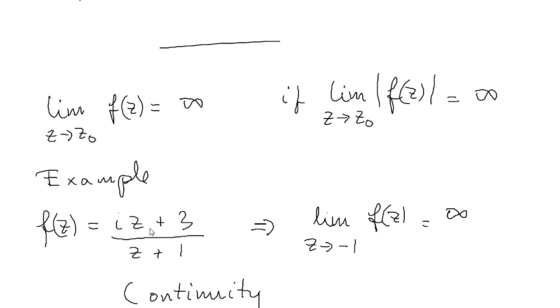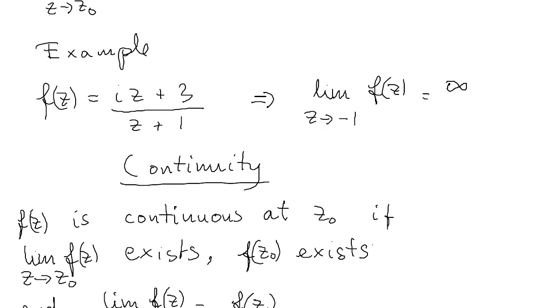We have this fraction, and we easily see that when z approaches -1, then we are approaching 0 in the denominator, and of course this limit will be equal to infinity, because the numerator is bounded.